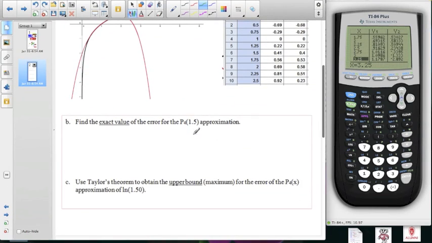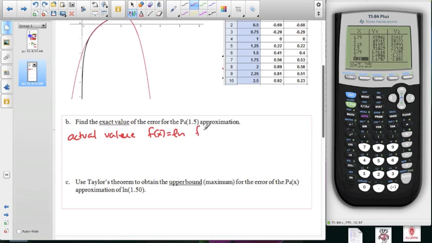If we want to approximate the natural log of 1.5, we know the actual value here, because we want to evaluate the function at 1.5.